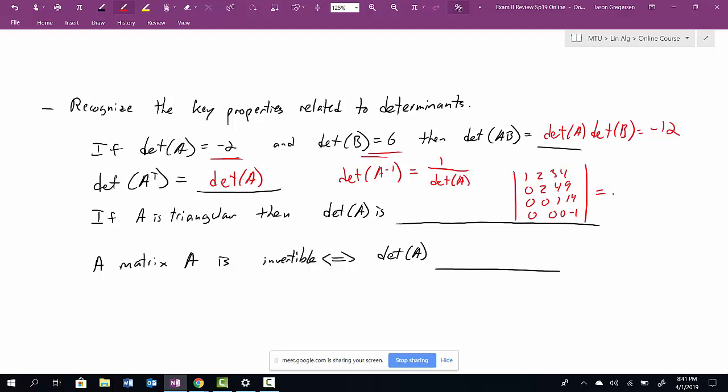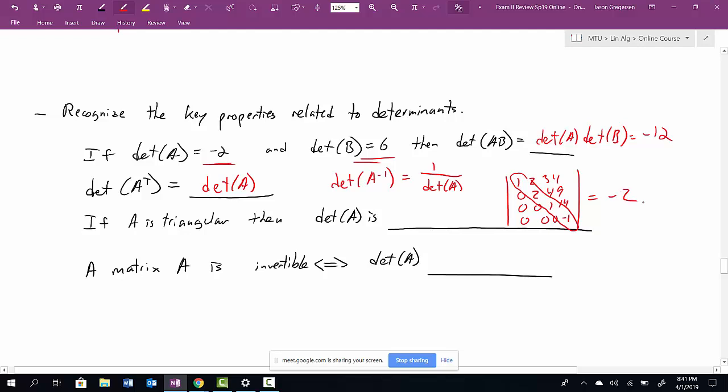Special way we can calculate the determinant of a triangular matrix. That's right, diagonal entries, absolutely. So we can just take the product of the diagonal elements. 1 times 2 times 1 times negative 1, negative 2. So that's a nice shortcut. If you have a triangular matrix, you can just take the product of the diagonal entries.